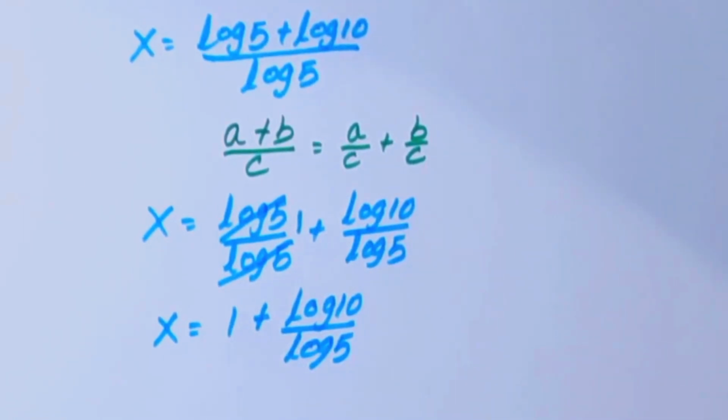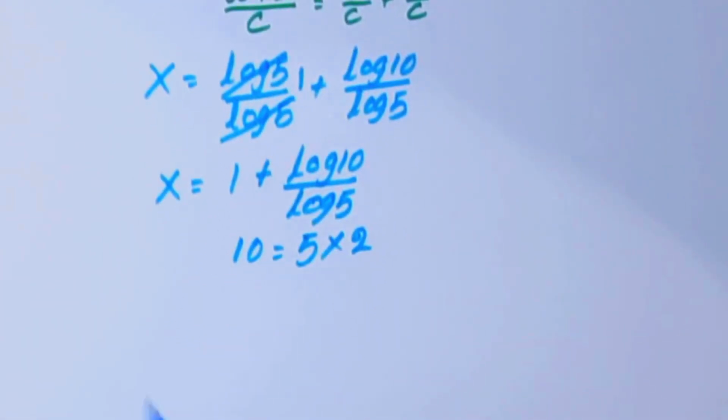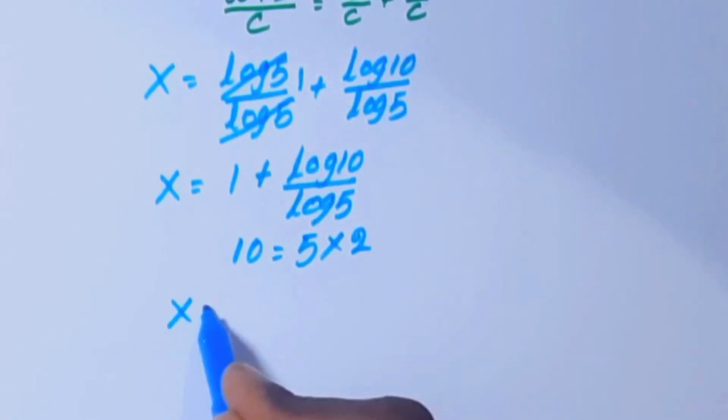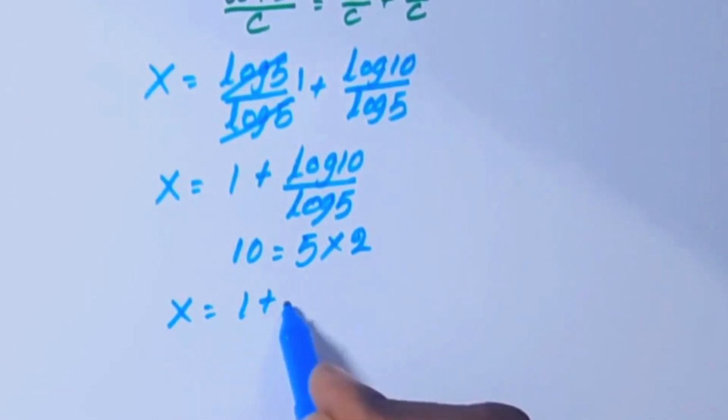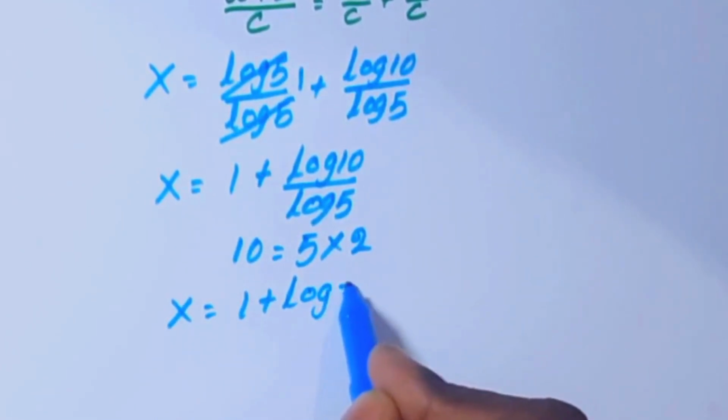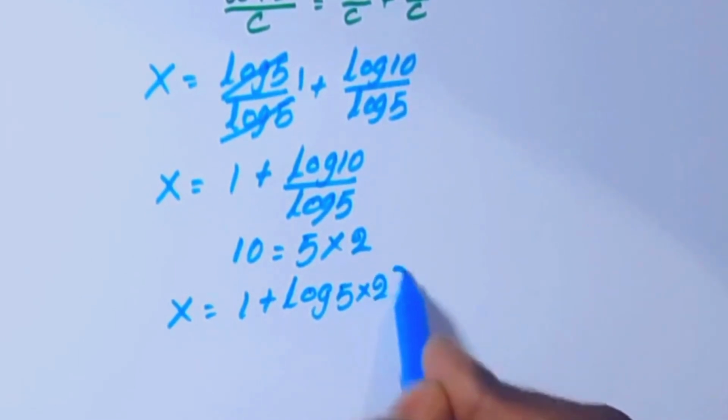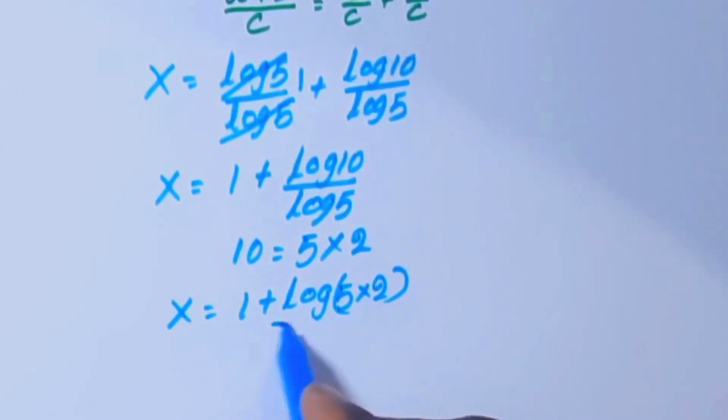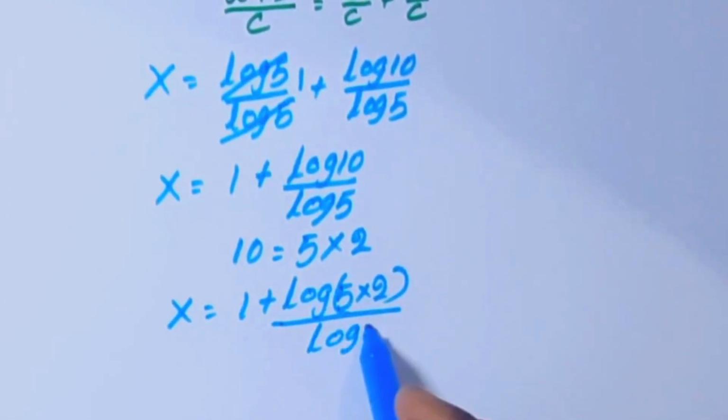Now we know that 10 can be written as 5 times 2. So x equal to 1 plus log of 5 times 2 by log 5.